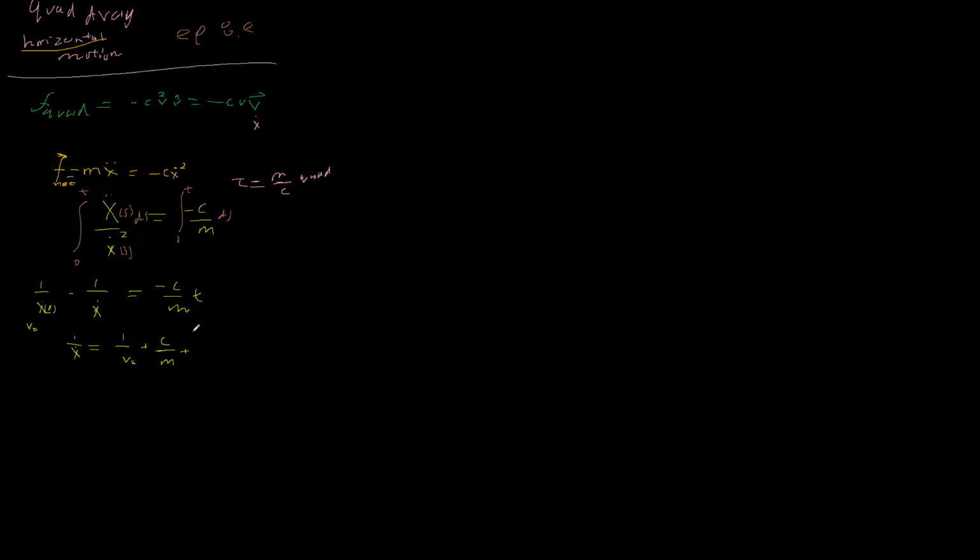This is a fraction, so we want to multiply both sides by common factors, m plus c v naught t over v naught times m.